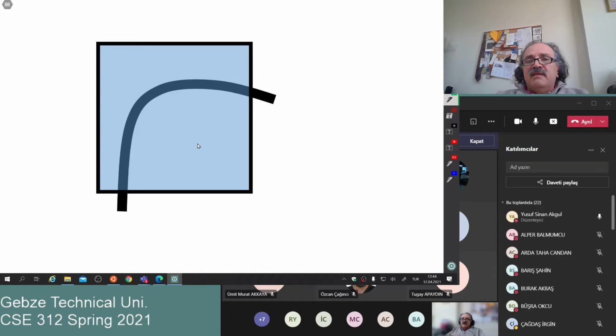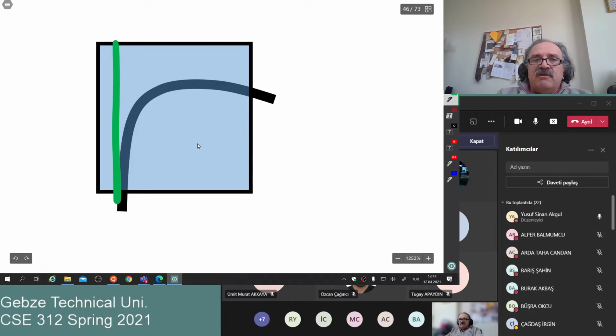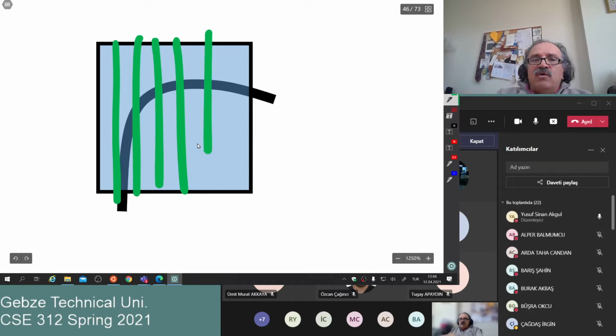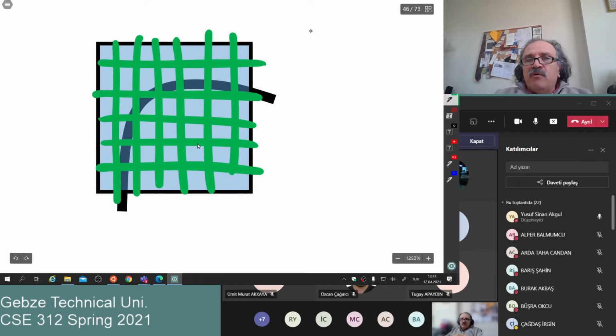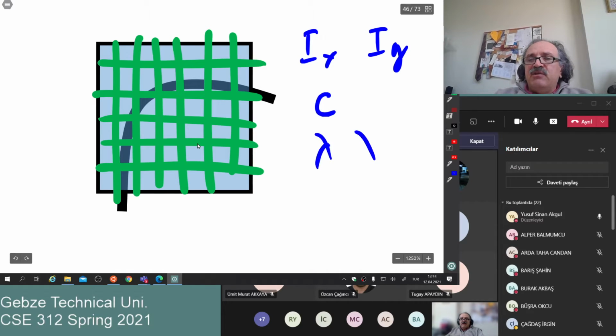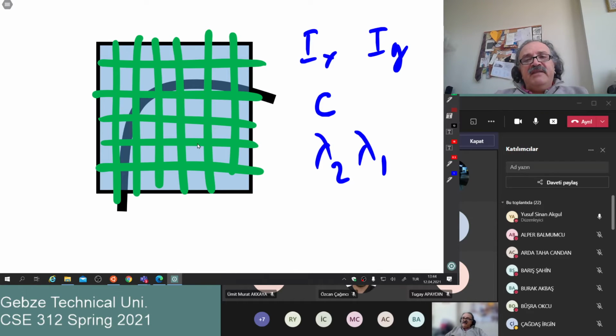Okay, this is my corner, and if I calculate all of my I_x and I_y values for this window and calculate C and calculate those lambda values, lambda 1 and lambda 2, I will find that there is a corner.